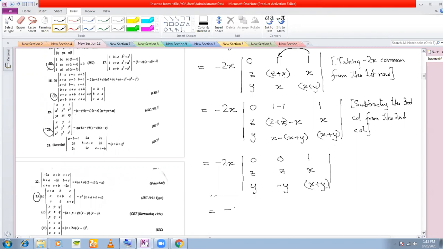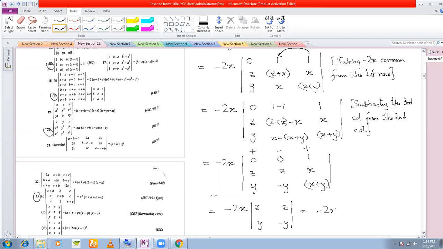Expand by which row? The first row. The sign is plus, so no problem. Plus 1 we don't write. And the minor is z, z, y, minus y. So now what do you get?